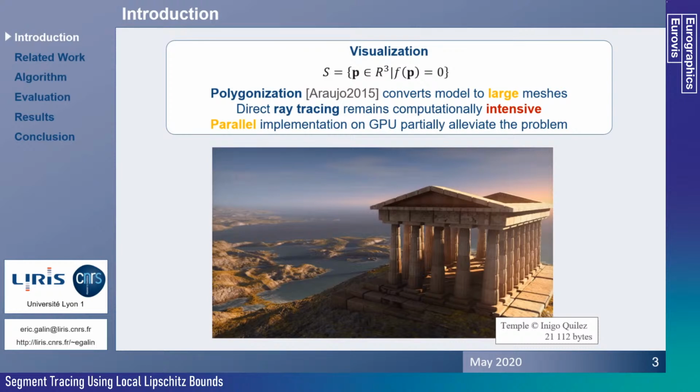Polygonization techniques convert implicit surfaces into triangle meshes, which are in general memory consuming compared to the otherwise compact implicit representation. Direct ray tracing is another option, but it's even more computationally demanding. Parallel implementations using graphics hardware partially alleviate the problem. Nevertheless, ray tracing needs many field function queries.